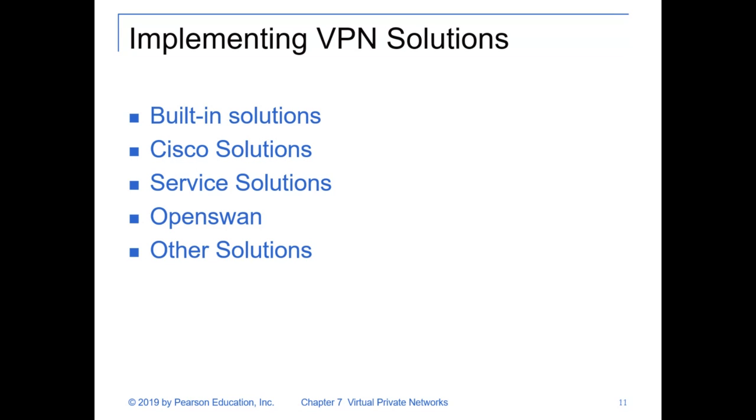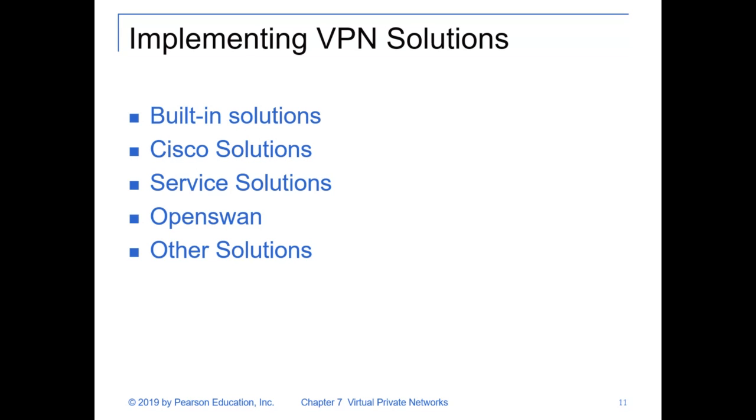So they may look at the Cisco solutions. It's going to work seamlessly with other Cisco products. It may be something where a service solution is looked at, where the entire process is going to be contracted out, even the setup and the administration, to a VPN vendor.